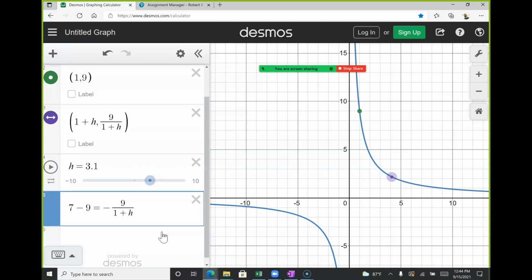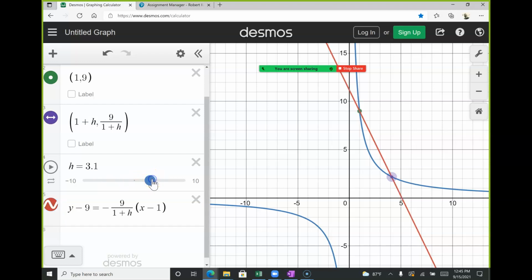Remember, I have my slider h working all times quantity x minus 1. Oh, and I made a mistake. Y minus 9. There it is. And you can see my secant line in red going through the 2 points. And as I change h, my secant line will change.